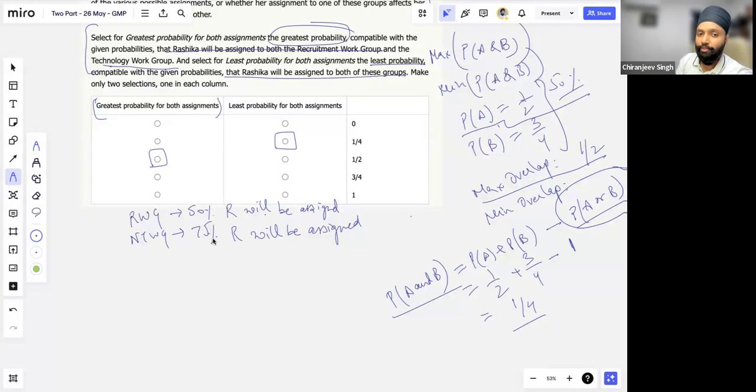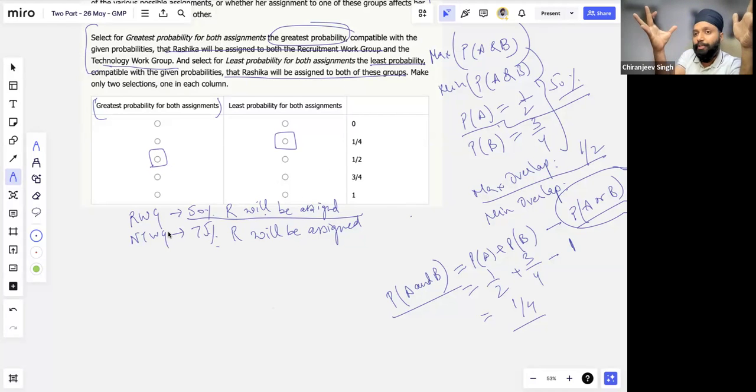अब आगे, greatest probability कि दोनों ही में असाइन हो जाए. तो मेरे लिए क्या था कि अगर इस 75 में से 50% जो सिचुएशंस हैं वो इन 50% से ओवरलैप कर जाएं, कि वो सेम ही सिचुएशंस हों, जिन सिचुएशंस में इसको RWG मिल रहा है राशिका को, उन्हीं सेम सिचुएशंस में उसको NTWG भी मिल रहा हो, right?